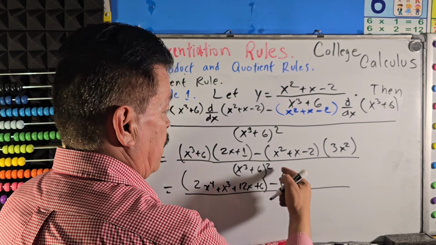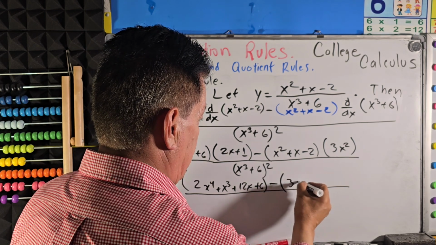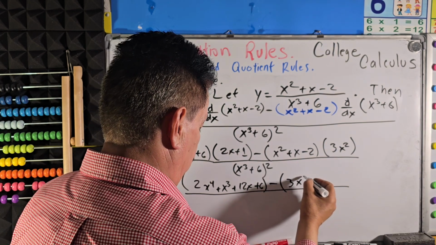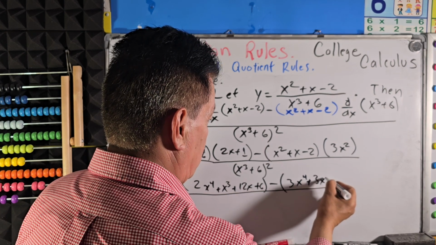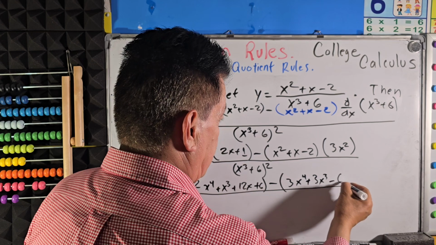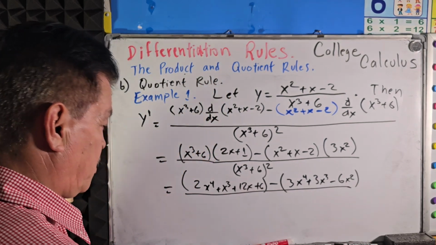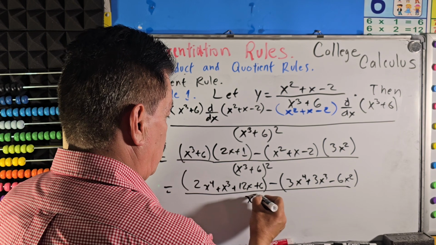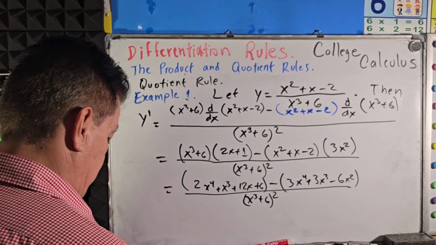Minus, multiply this, we will have 3x to the fourth power plus 3x to the third power, see this, minus 6x squared. Subtract those. x to the third power plus 6 to the second power, right?